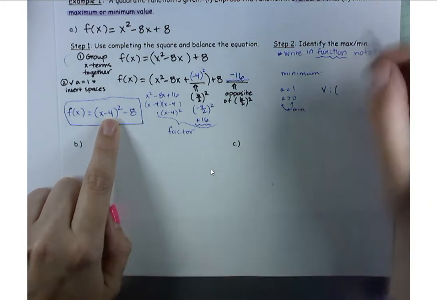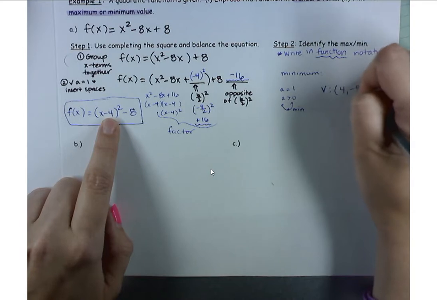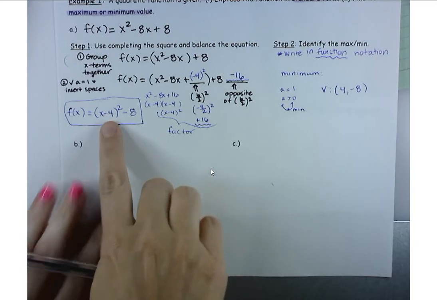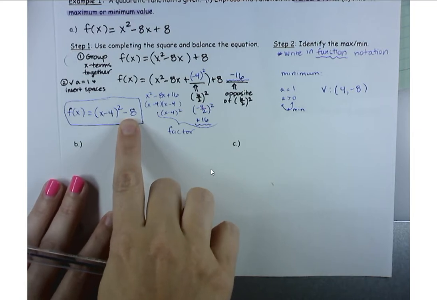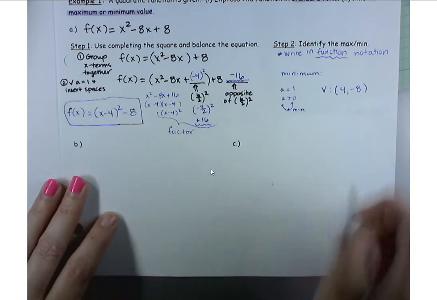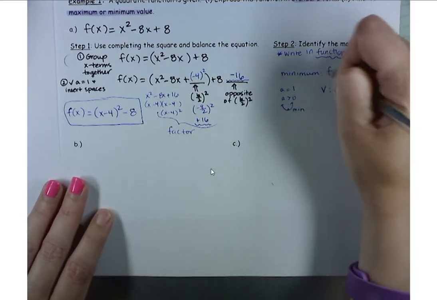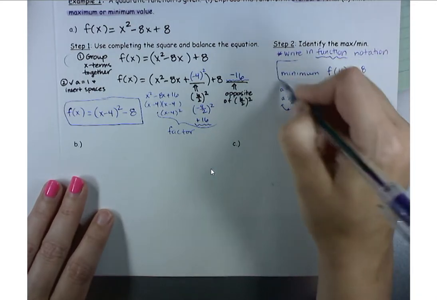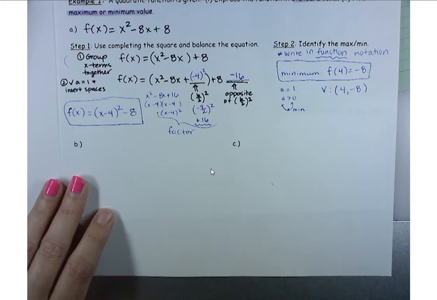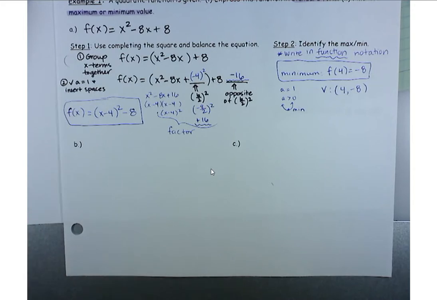Yep, so 4, -8. Remember your H value is usually the opposite of what you see, and your K value is going to be exactly what you see. So your function notation would be f of 4 is equal to -8. And that would be function notation.